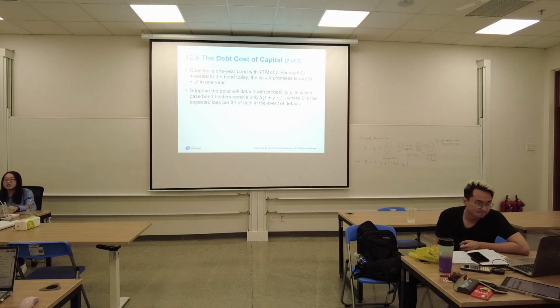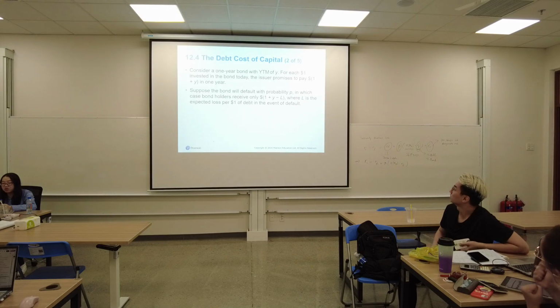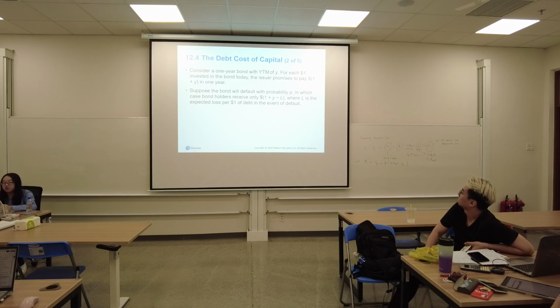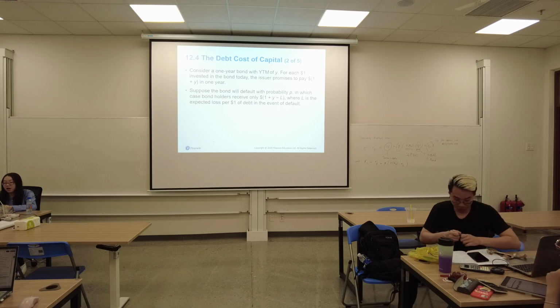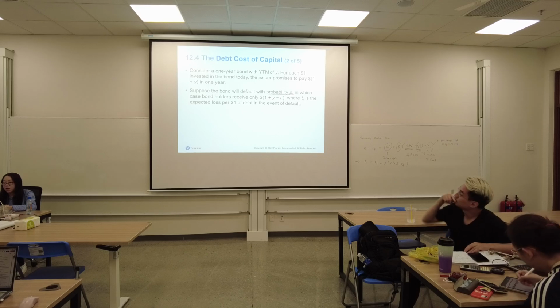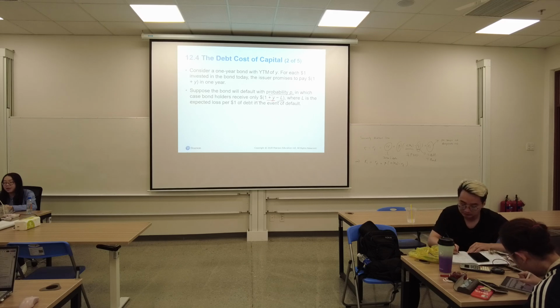Now, if you consider a 1-year bond with a yield to maturity of Y, for each $1 invested in the bond today, the issuer promises to pay $1 plus the yield to maturity in 1 year. Now, suppose we have a probability of default of P. The bondholders receive only 1 plus the yield to maturity minus the probability of default.